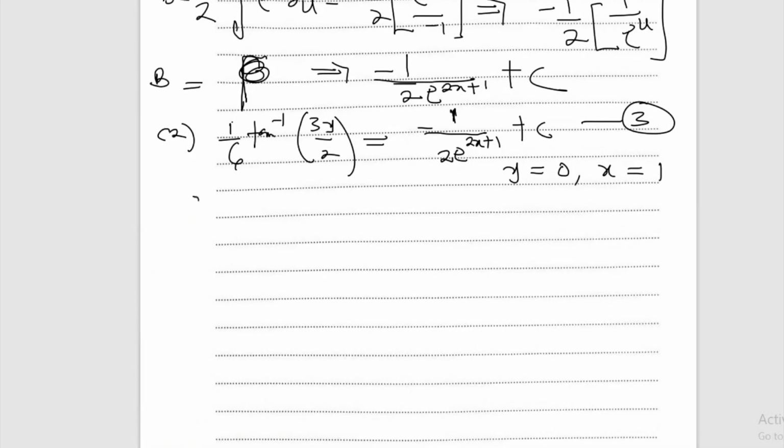We're going to get c as minus 1 over 2e raised to the power 3. So put c back in equation 3.